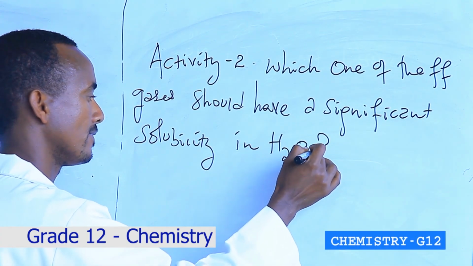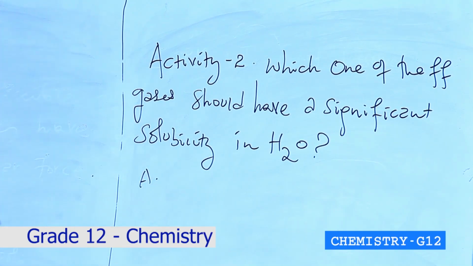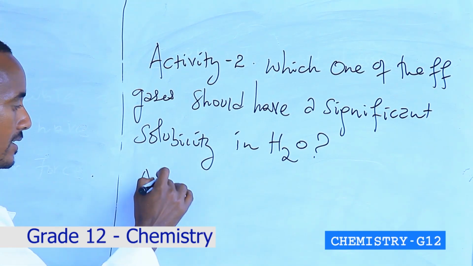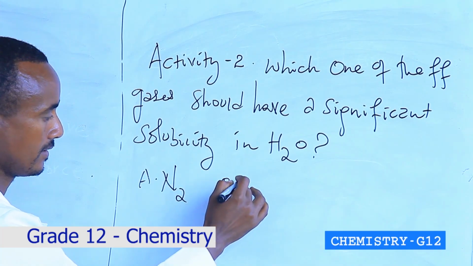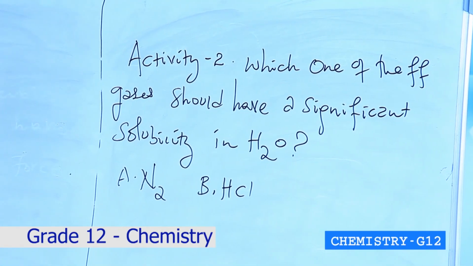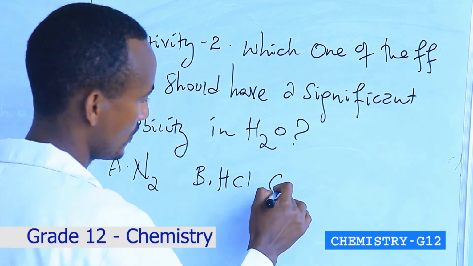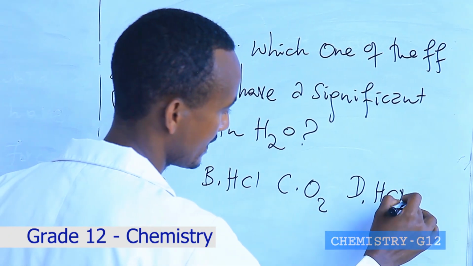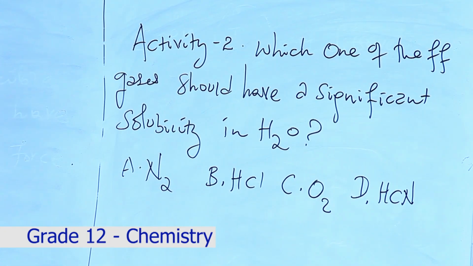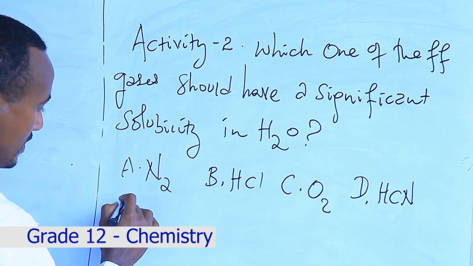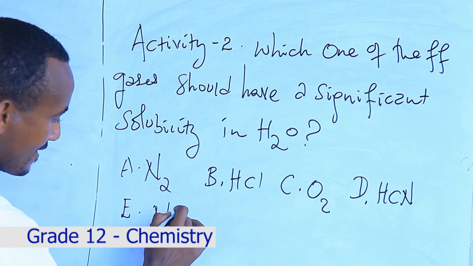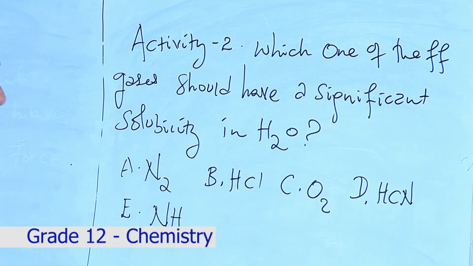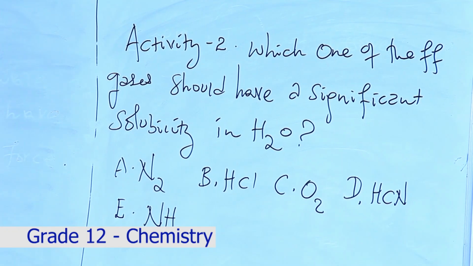Okay. A, nitrogen gas, B, hydrogen chloride gas, C, oxygen gas, D, hydrogen cyanide, and E, ammonia. Please, students, try to finish your work within the given time. You have 1 minute to do this activity.